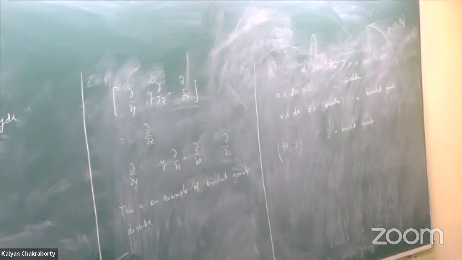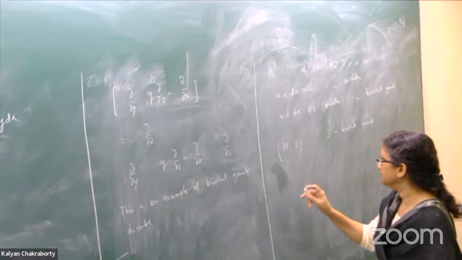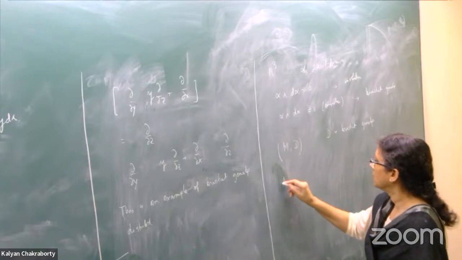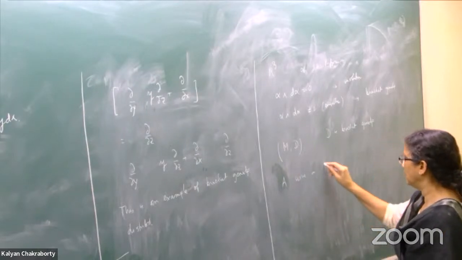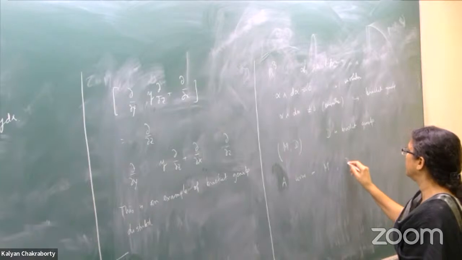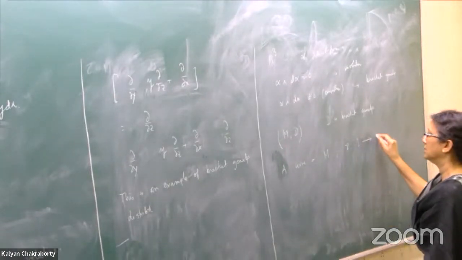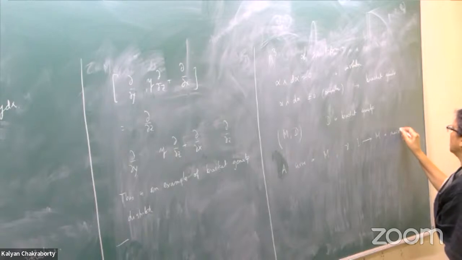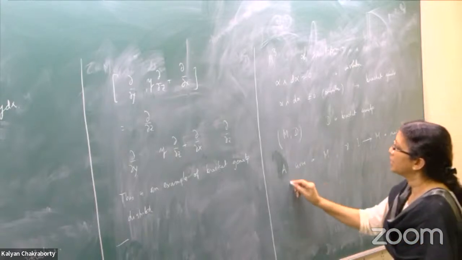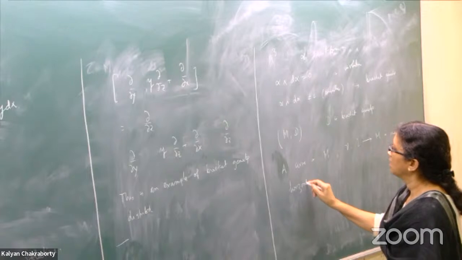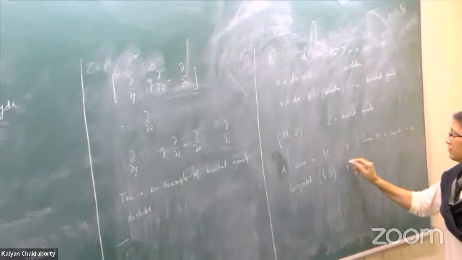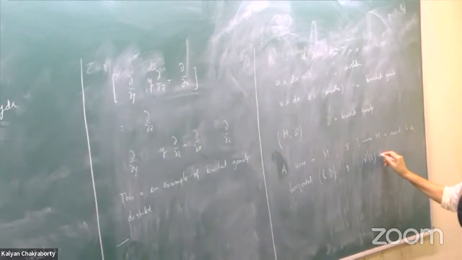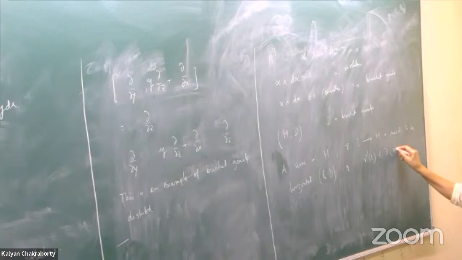So what are the admissible maps that we have to discuss first? A curve in the manifold N is said to be horizontal, by horizontal I mean horizontal to the given distribution D, if its tangent vectors lie in the distribution.